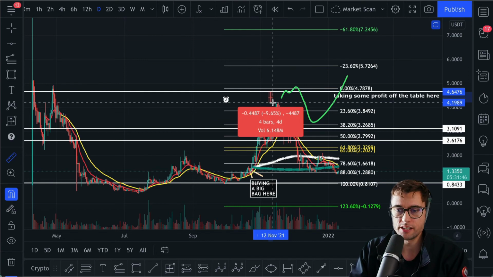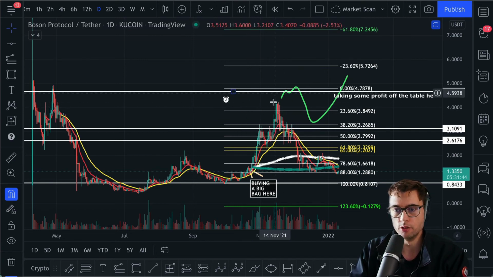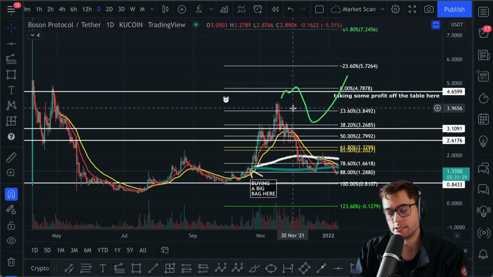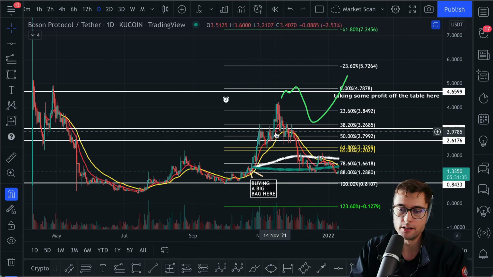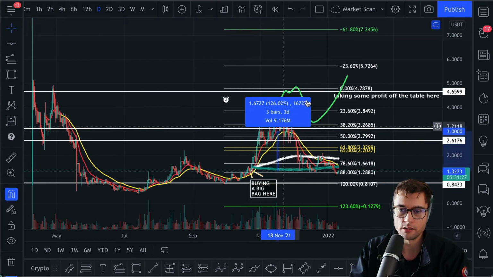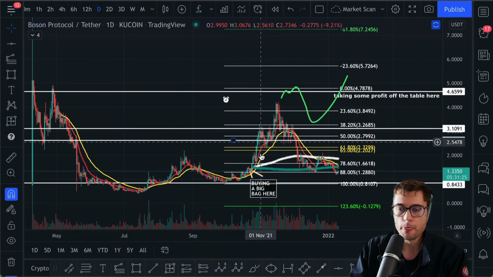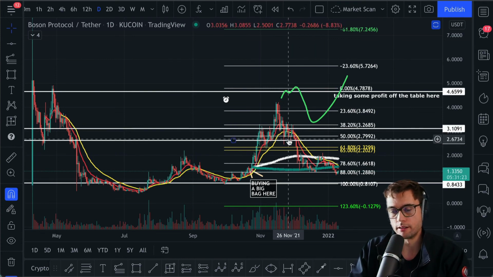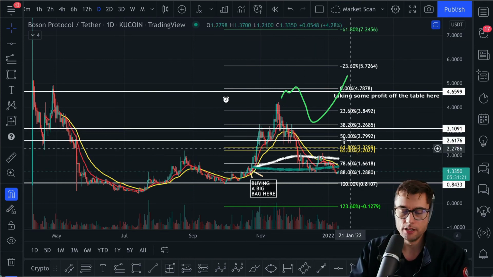What happens is once things get to around 10% below my take profit, I will have an alert, and it says go manage it, and I'll go in and I'll put a stop loss in at a key level. So I probably would have put my stop loss in right here for Boson, and so I would have only got a 2x on it, but obviously that would have been better than having it fall all the way down. So you live and learn.